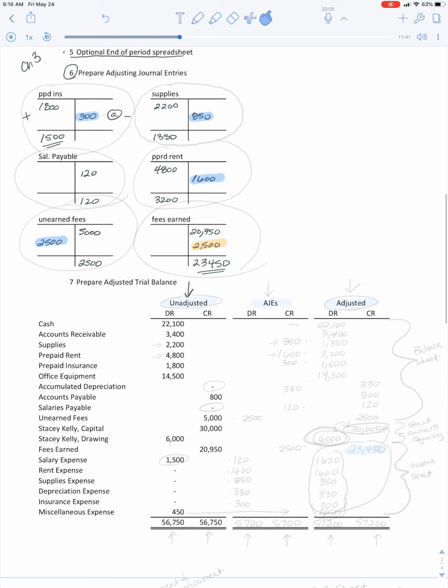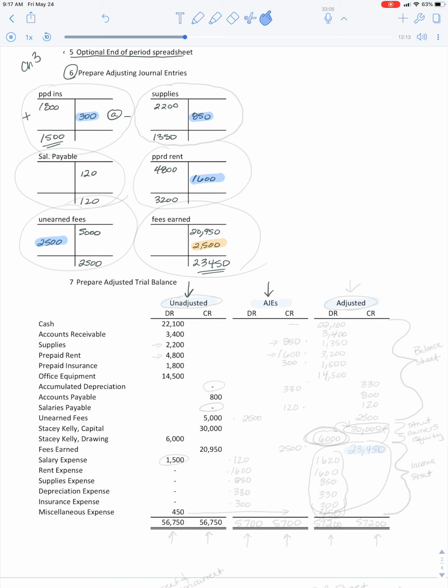So these unadjusted numbers include all of your normal transactions that you've posted during the month, but they don't include our adjusting entries yet. So AJEs means adjusting journal entries. So we're going to just list in this column all of our adjusting journal entries from step 6.